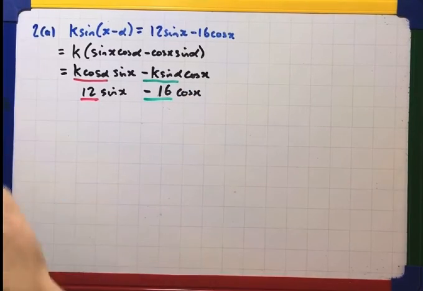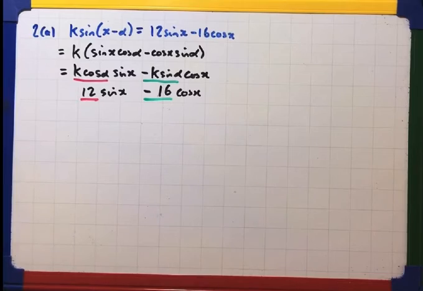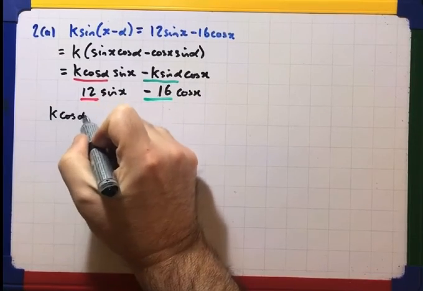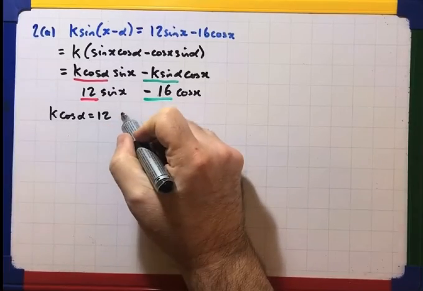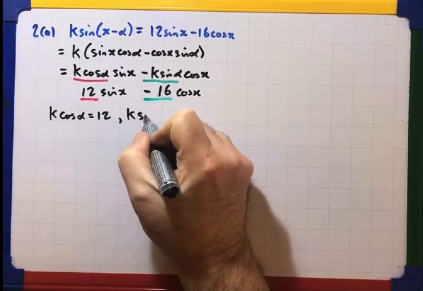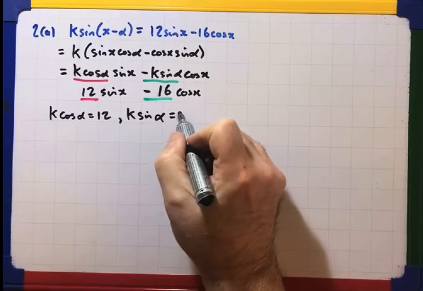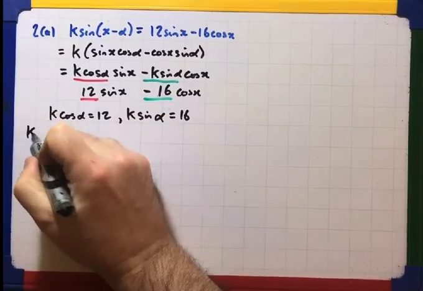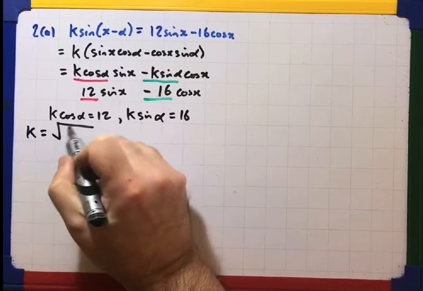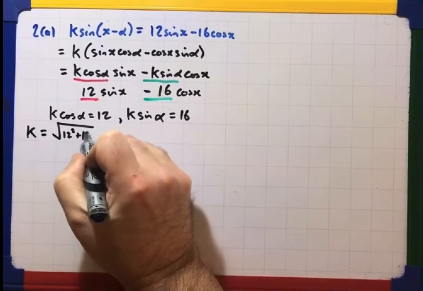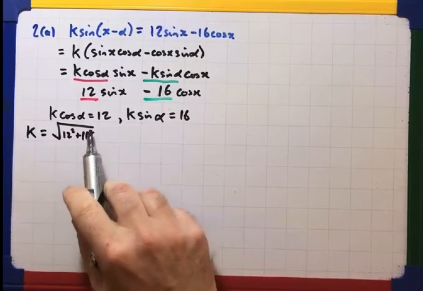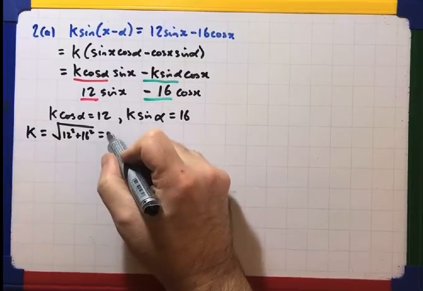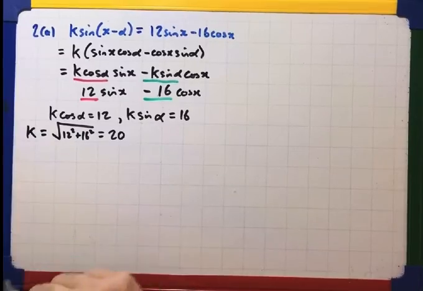So here we have k cos alpha equals 12, k sine alpha equals 16, because it's minus equals minus. So k is the root of these two squared and added. You might have spotted it's a multiple of a 3, 4, 5. It's 4 times it, so it's 20. Or you could work it out.